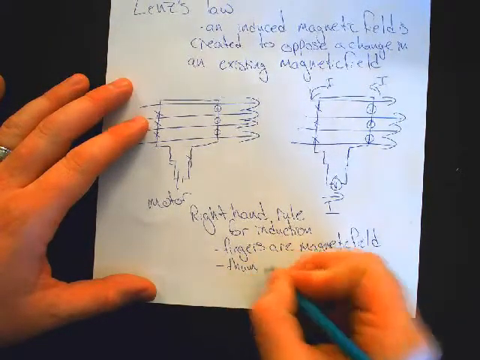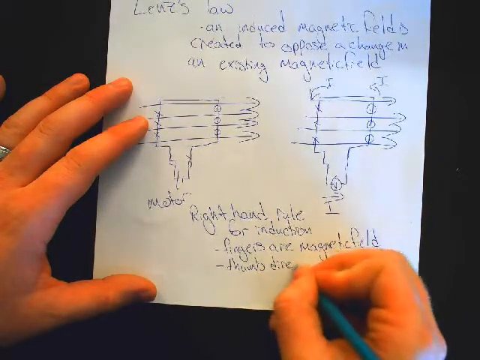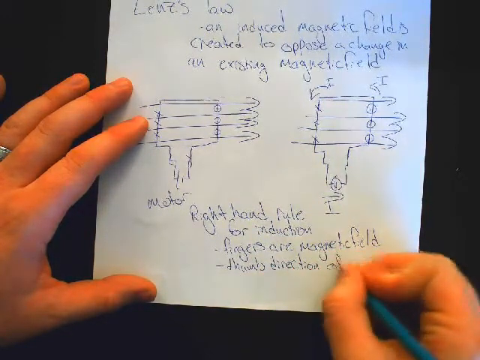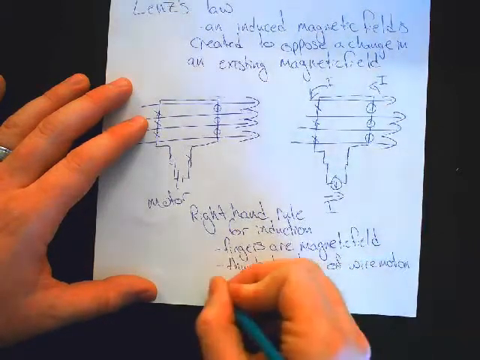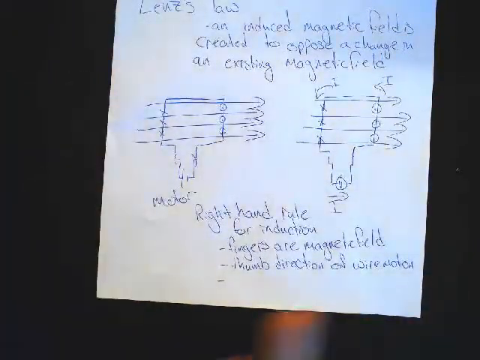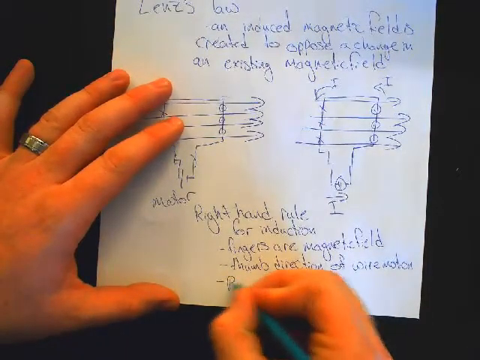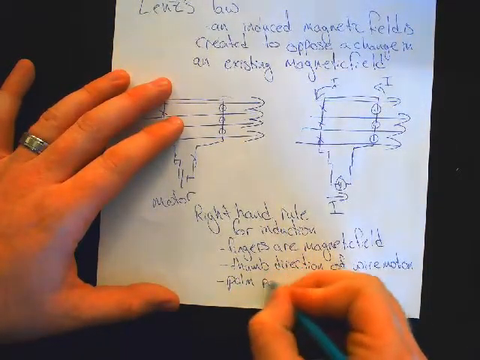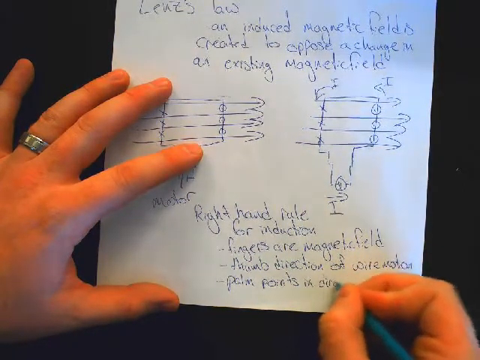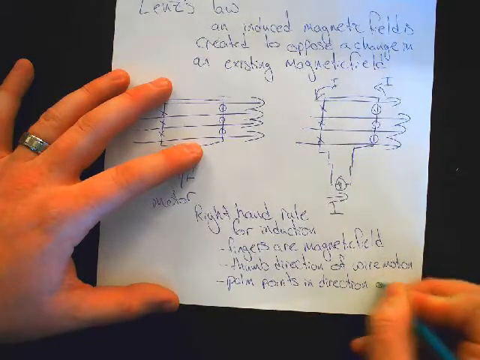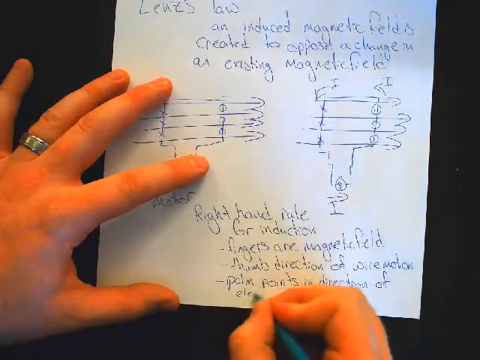And lastly, our palm, now rather than being force, is electromotive force, or fancy physics talk for voltage. Palm points in direction of electromotive force.